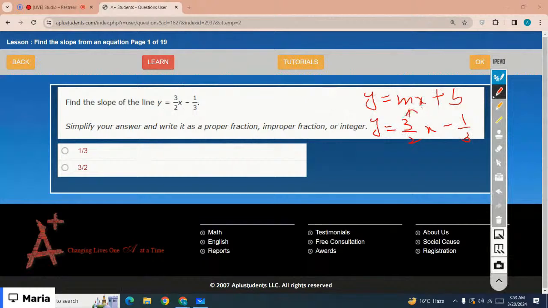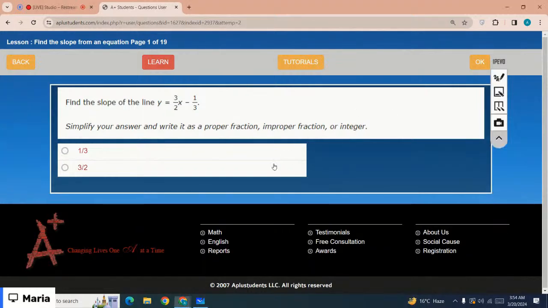So here is the m, which means the slope is 3 over 2. Option number 2 is the correct option.